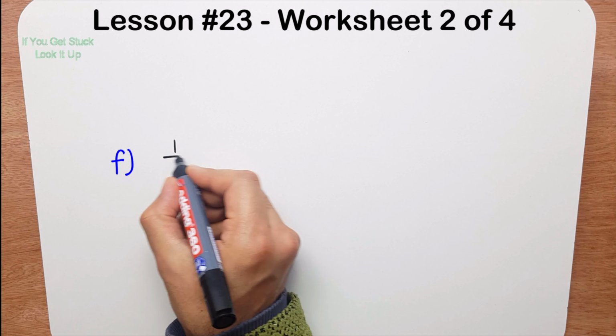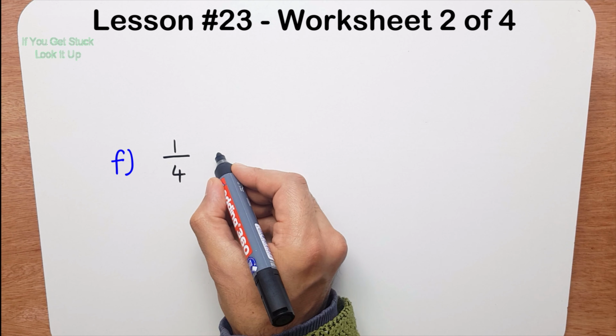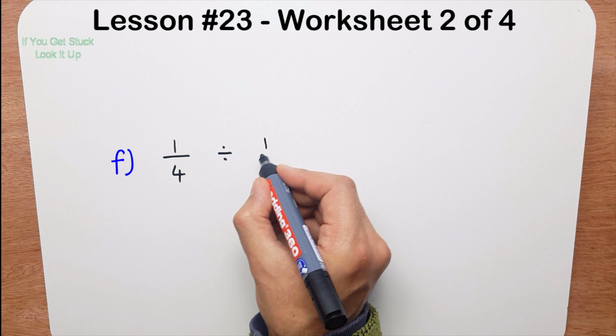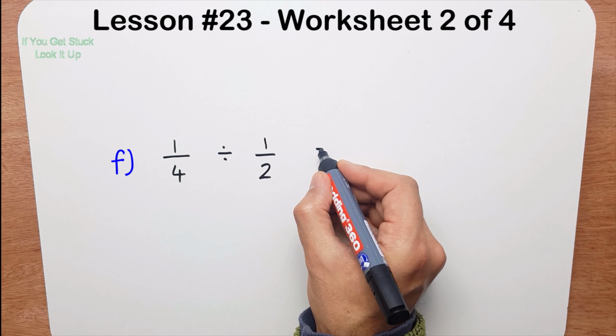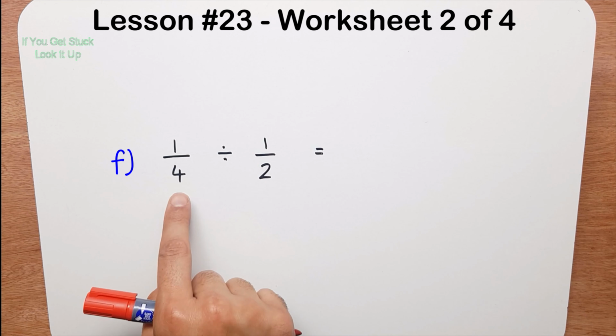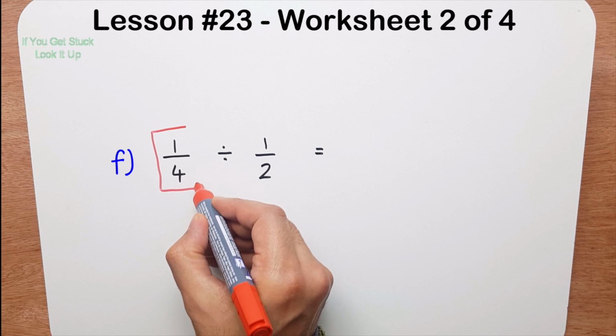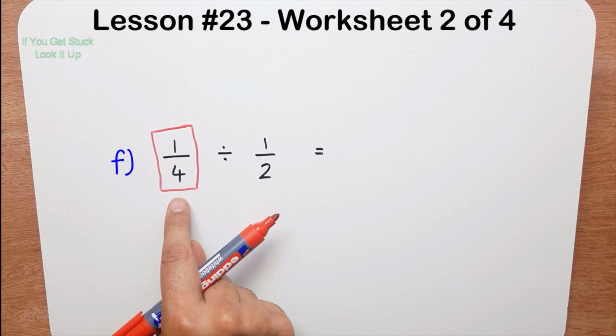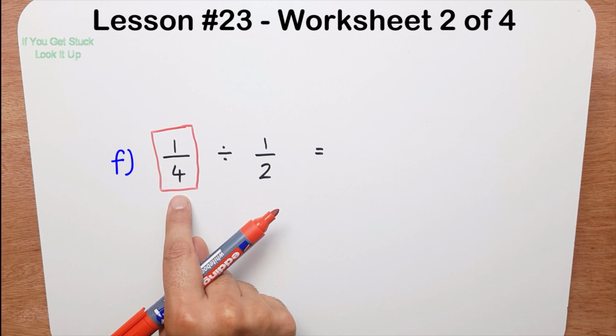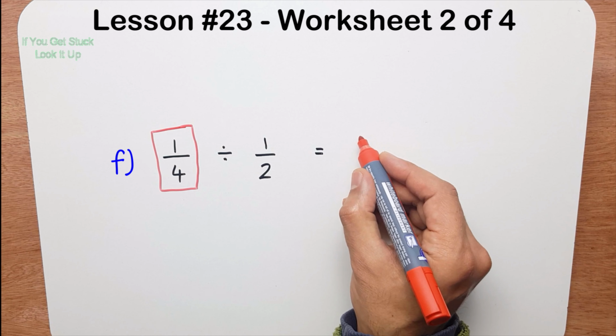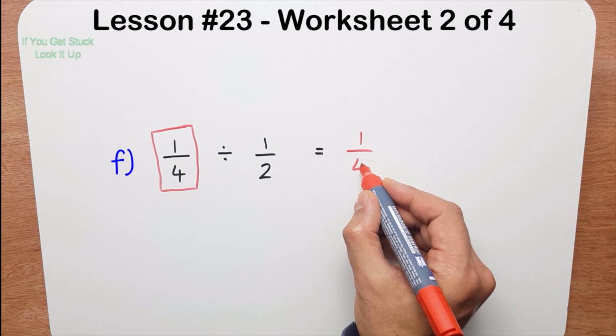Now my last question is 1/4 divided by 1/2. Now what I like to do is I like to pour concrete on the first fraction so it doesn't move, it stays the same. So my first fraction is the same.